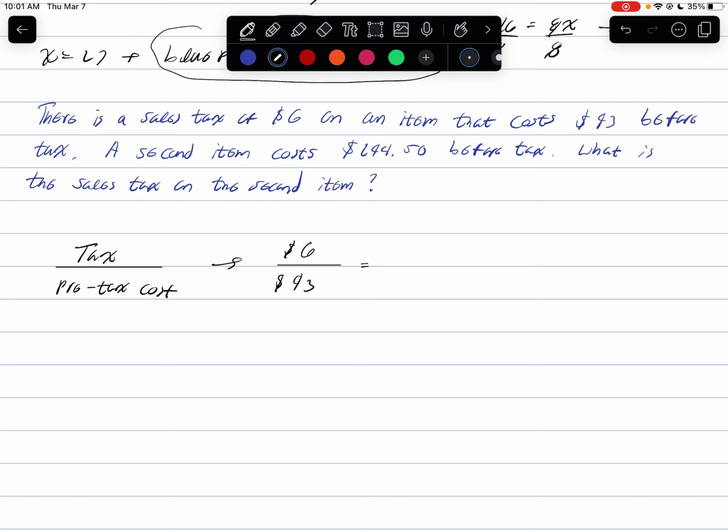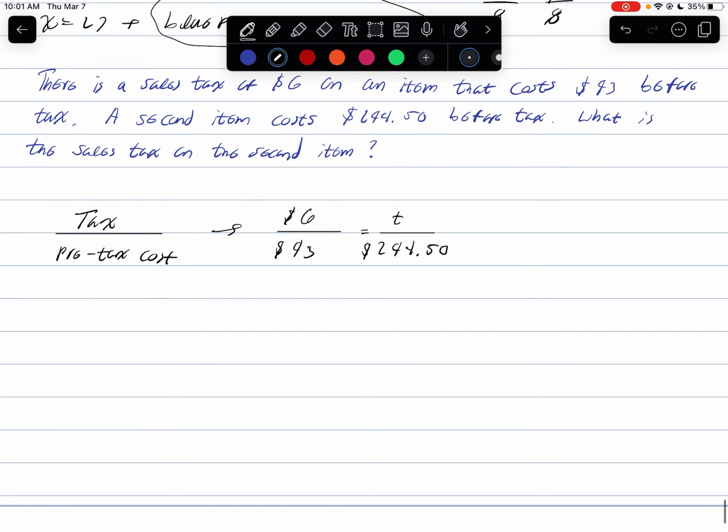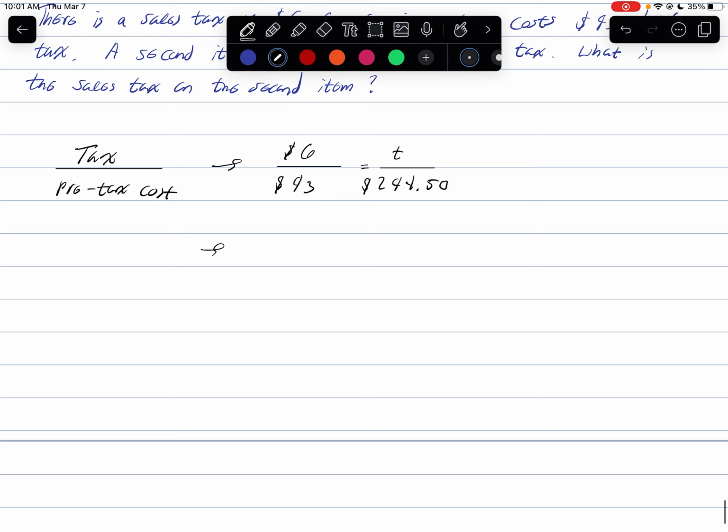We're looking to find the tax, so we're going to put the tax in the numerator this time. So we'll do T for tax, over the $294.50 item. We'll set this up without units so that we can make it easy to do the math. 6 over 93 is equal to T over 294.5.